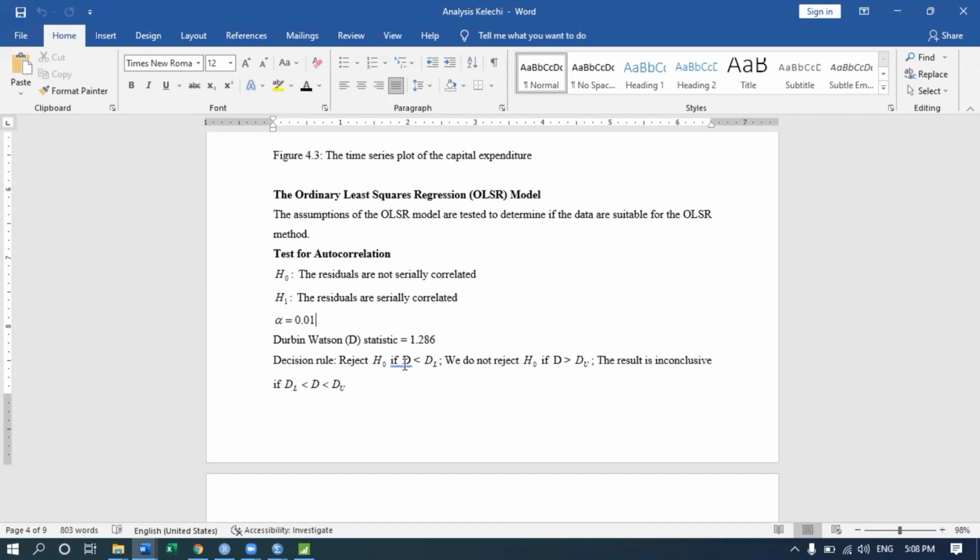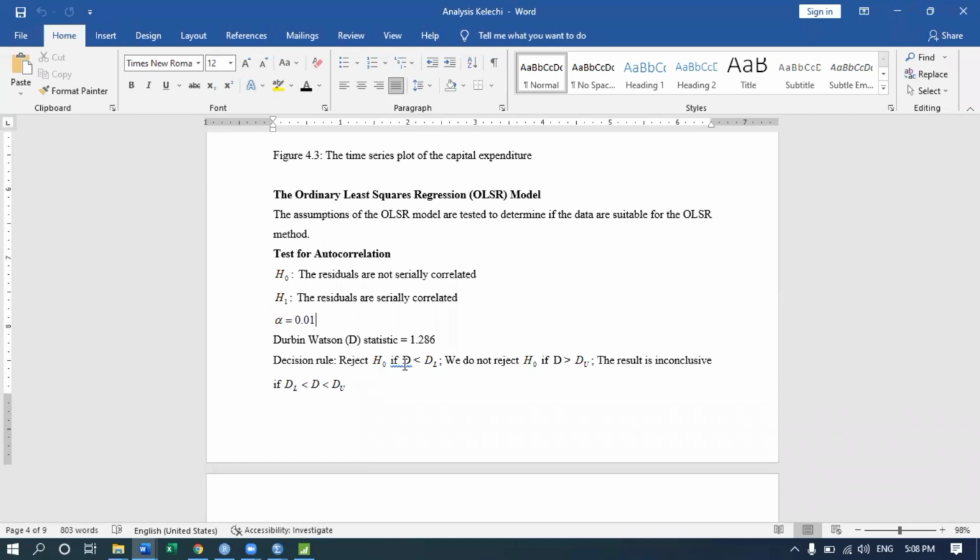And the decision rule is that we reject the null hypothesis if the Durbin-Watson statistic is less than the lower limit of the Durbin-Watson tabulated value.